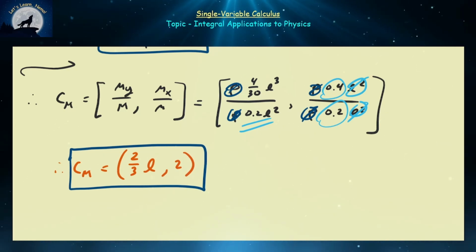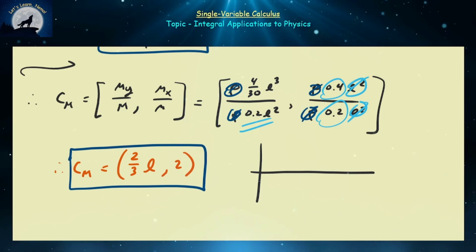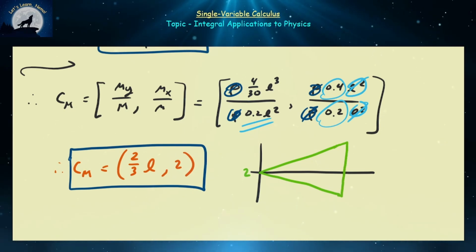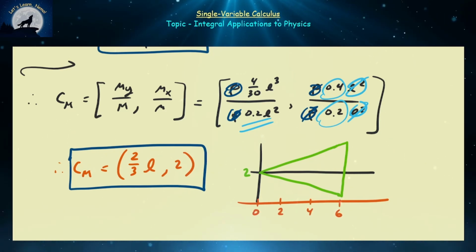So if we have our region, right, so let's assume that this is centered around x is equal to 2. And let's assume that this vertical length here is 6. And then we have 4, and we have 2, and then we have 0. So why do I mention 4? Well, 4 is 2/3 of 6.